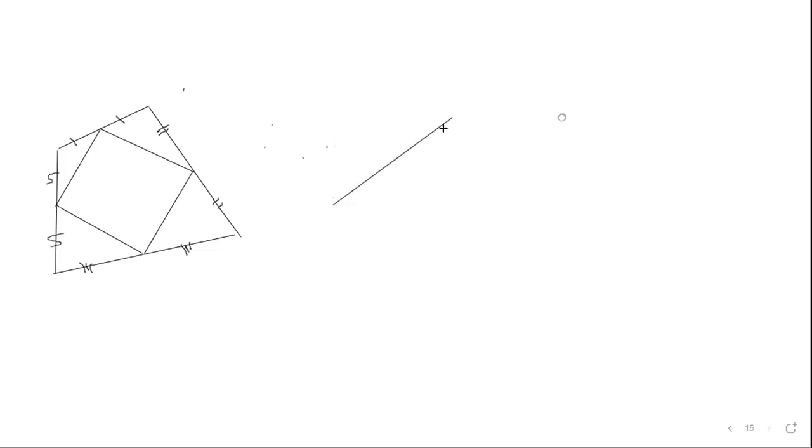If you take a random triangle, no matter what triangle you take, and you take the midpoints of two sides of the triangle, so in other words, these lengths are equal, these are equal, and you join these midpoints, you have a very beautiful theorem in geometry.